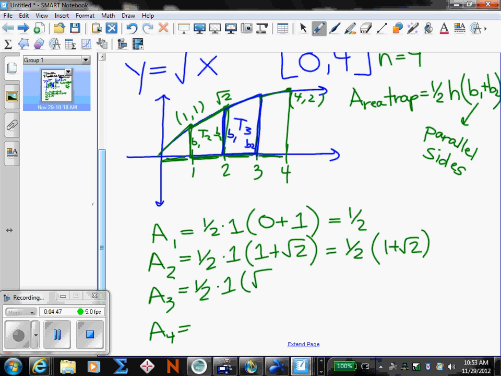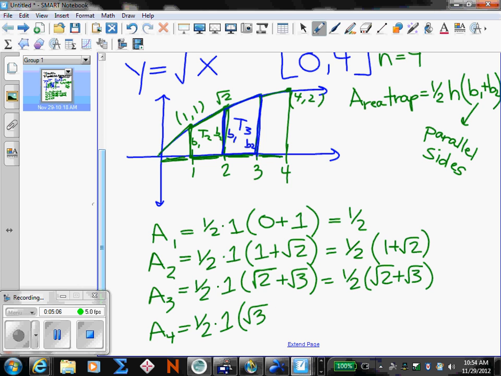So I will get square root of 2 plus square root of 3. And then my last trapezoid, 1/2 the height, base 1 plus base 2, looks like this.